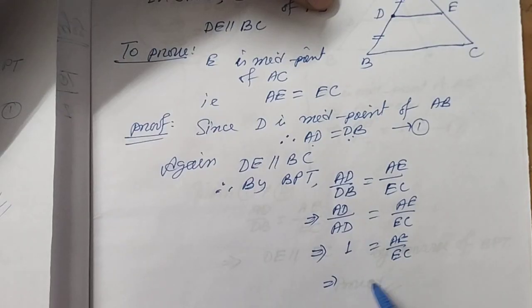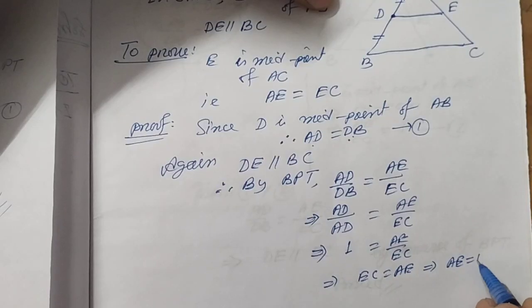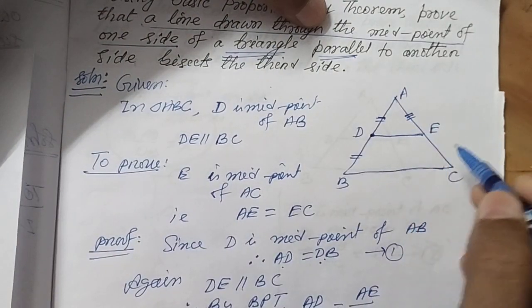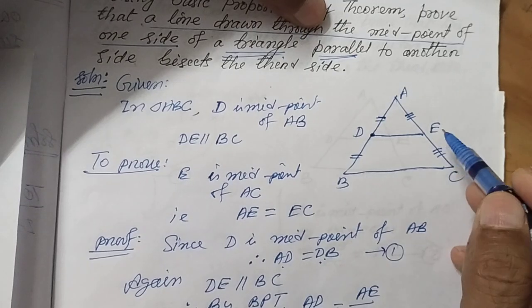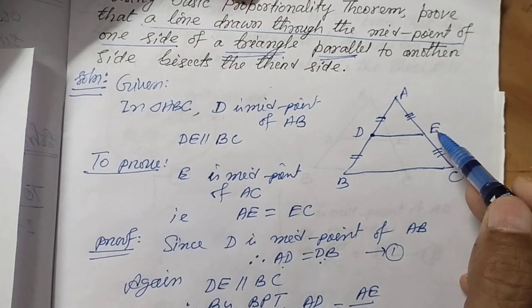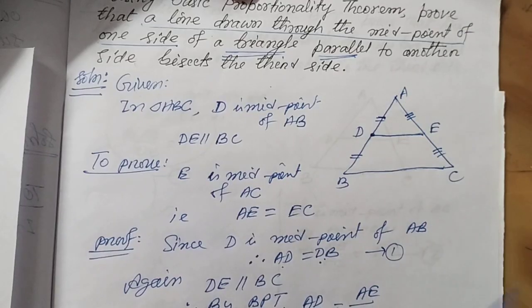So what we got, you see, EC is equal to AE. That means AE equal to EC. So we got AE and EC are equal. Therefore, E is midpoint of AC, that means E bisects AC.